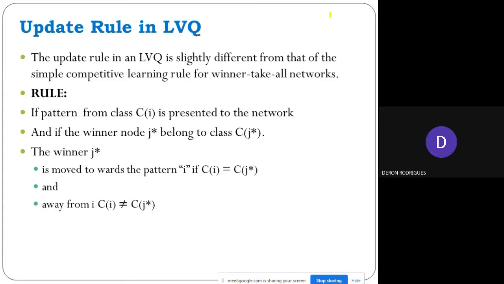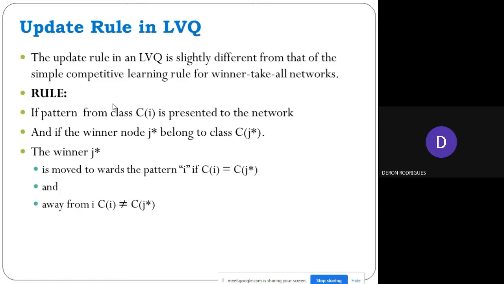Now, a class 1 pattern is presented and the winner node is from class 2. So the pattern and the winner node are not from the same class. In that case, I have to move away from the pattern, meaning the weight updates have to be negative.